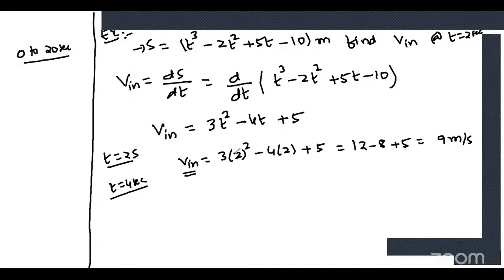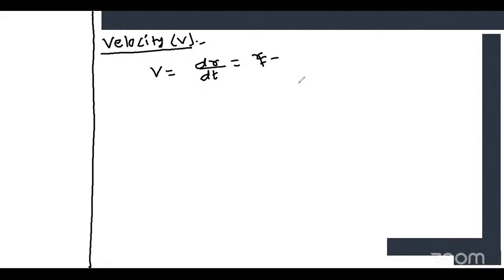Velocity, we can say, is the rate of change of displacement, that is, final position minus initial position by final time minus initial time.